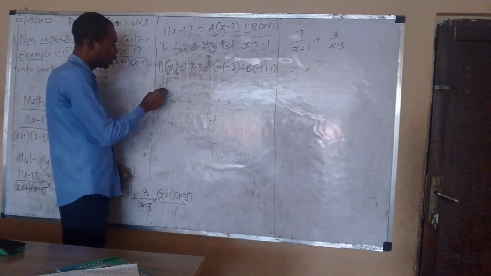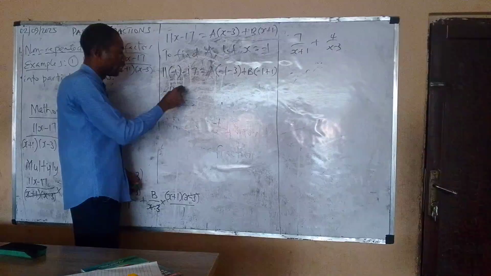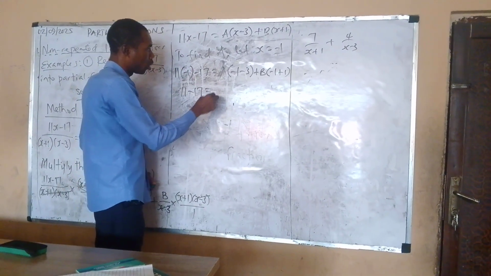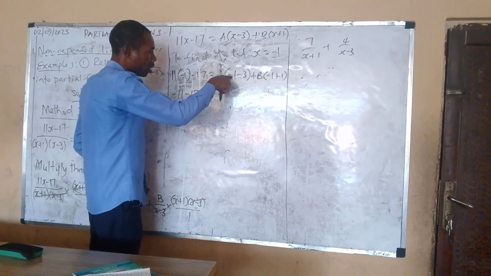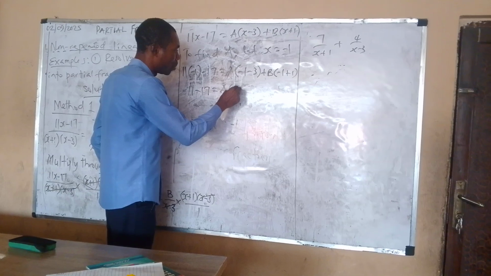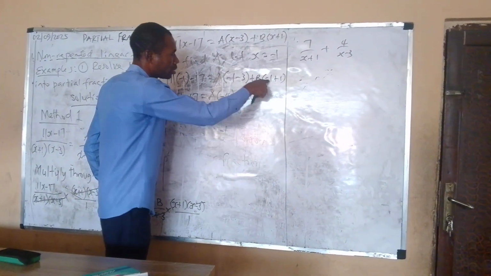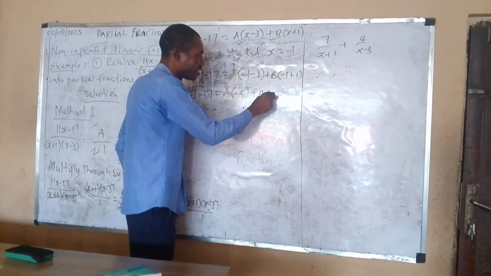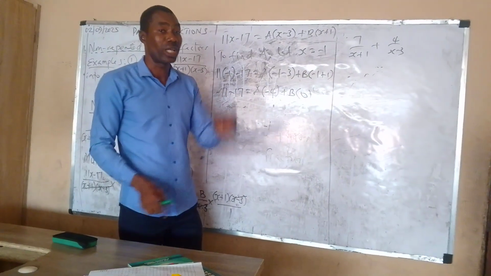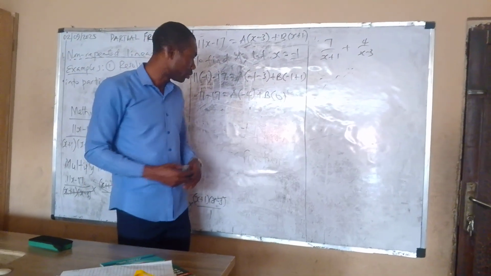This will give us minus 11. That's 11 times minus 1. Then minus 17 equals a into bracket minus 1 minus 3, as you know, is minus 4. Good. Then plus b into bracket minus 1 plus 1 is 0, which is what we are trying to achieve by making x minus 1.